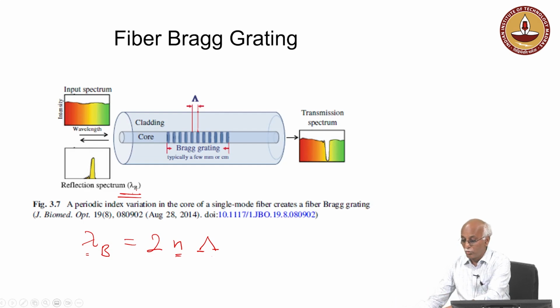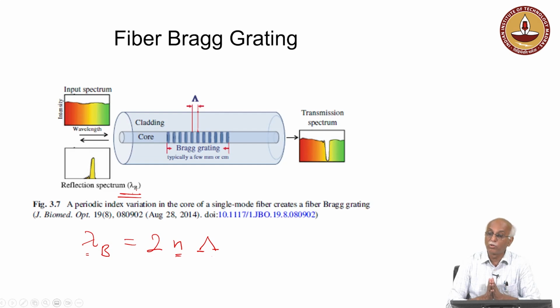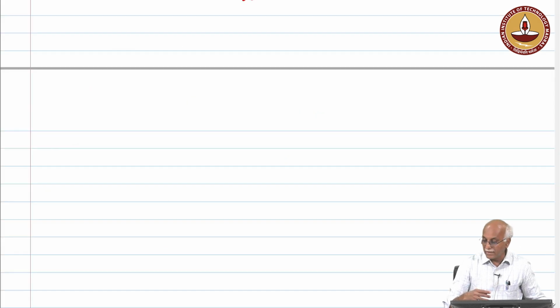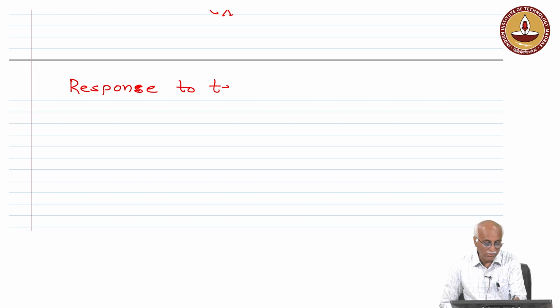So, to take care of such aspects, we can make use of fiber Bragg grating. There is no interference from electromagnetic waves, and it can easily capture the response to temperature via a change in the Bragg wavelength.